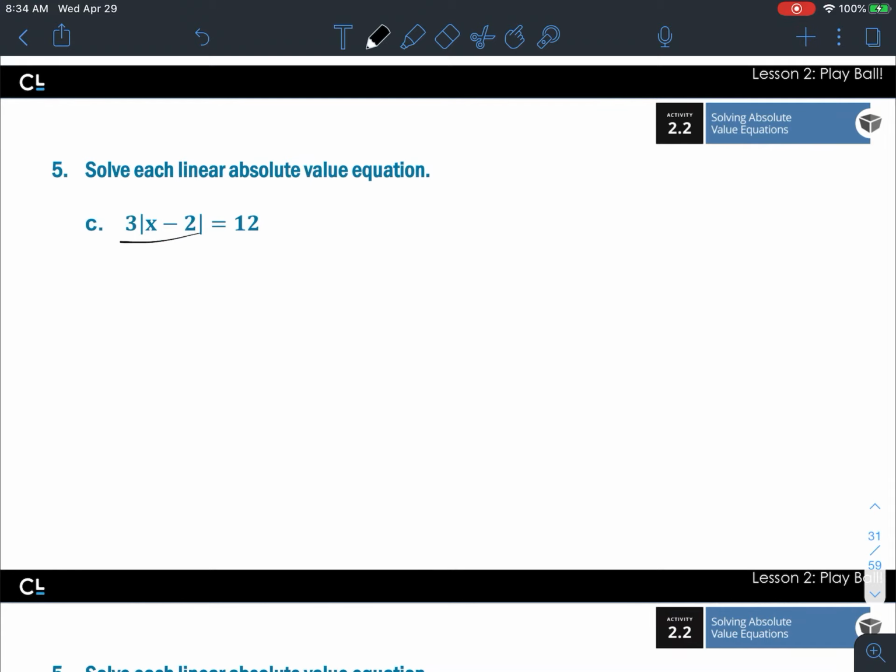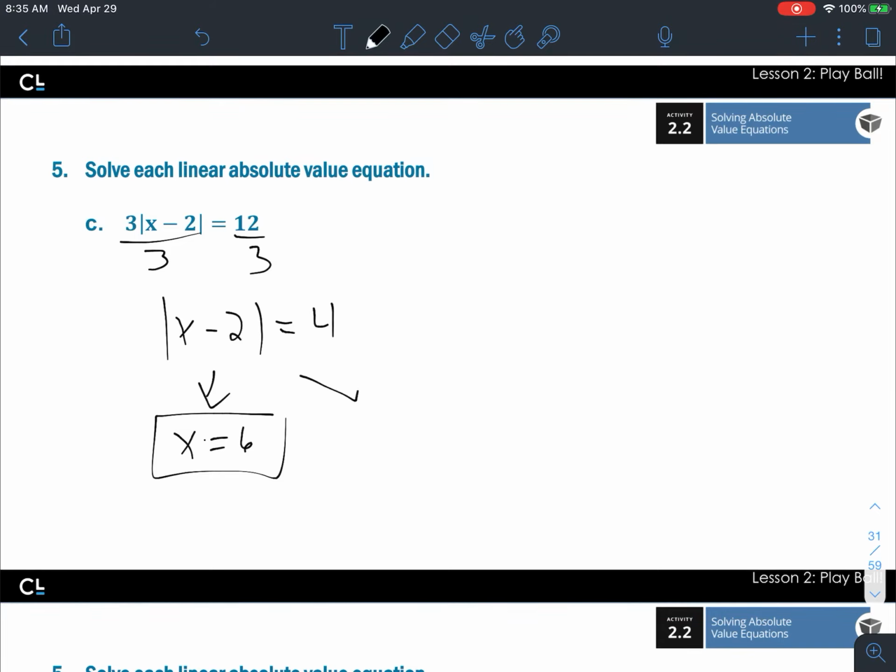First off, we can make this as easy as we can. 12 divided by 3 leaves us with 4. So x has to equal a number minus 2 to equal 4. That means our x could be 6, because 6 minus 2 is equal to 4.